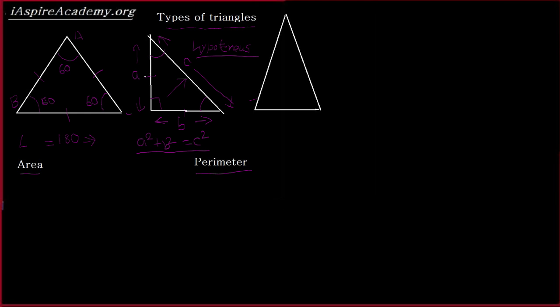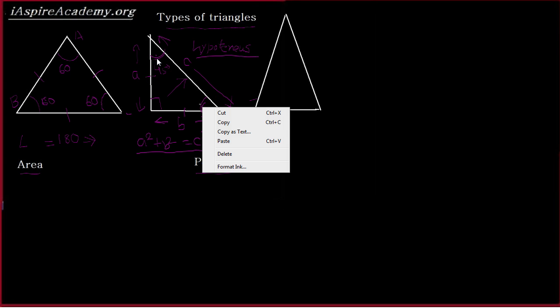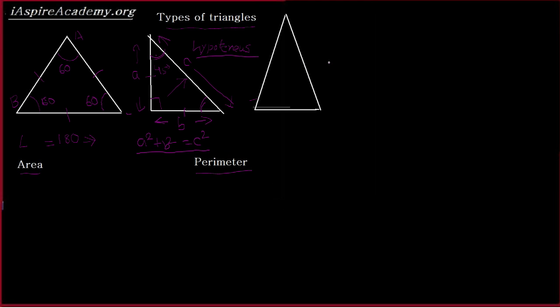If these two sides are the same, then these two angles are the same. That means each of them should be 45 degrees, because both together are 90 degrees, which is 90 divided by 2.